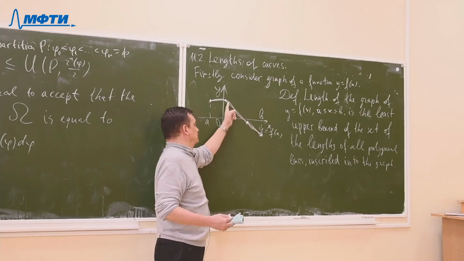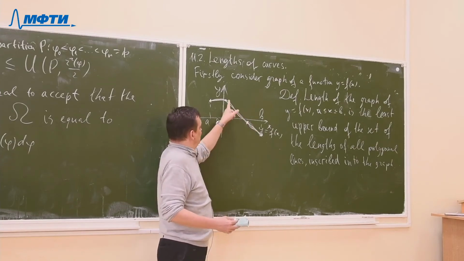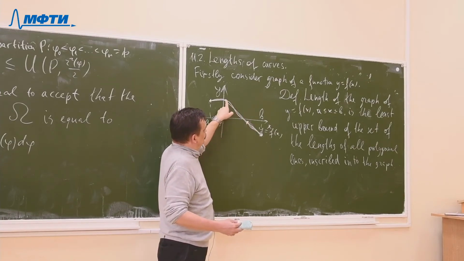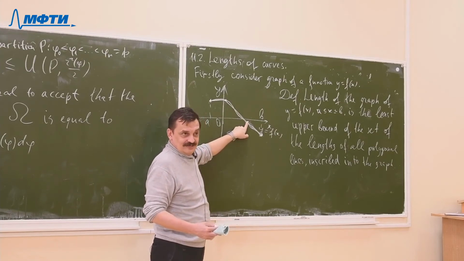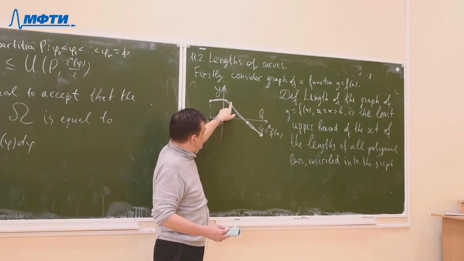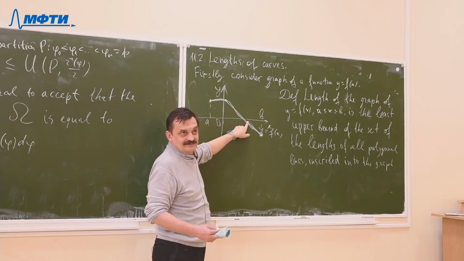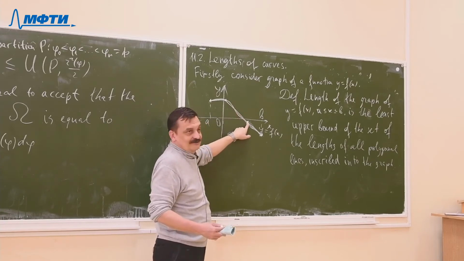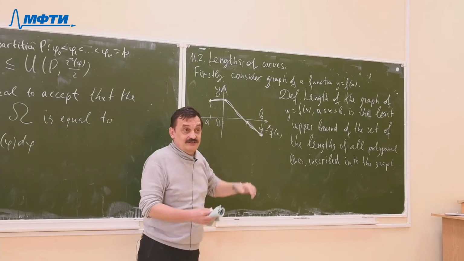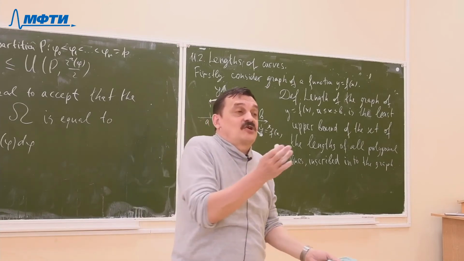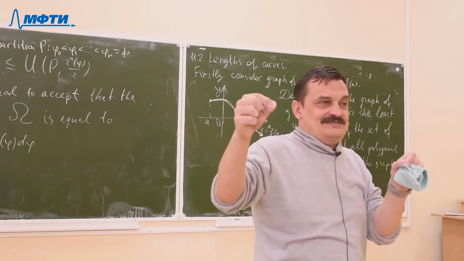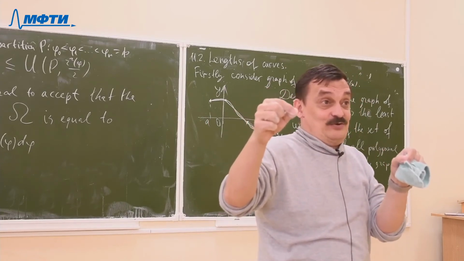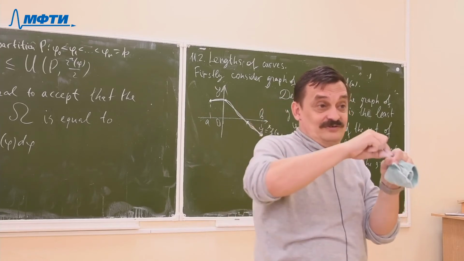But obviously, the length of a straight interval is less than the length of a piece of graph, because the graph is curvilinear, and the polygonal line connects, roughly speaking, the ends of this piece of graph in a straight way.